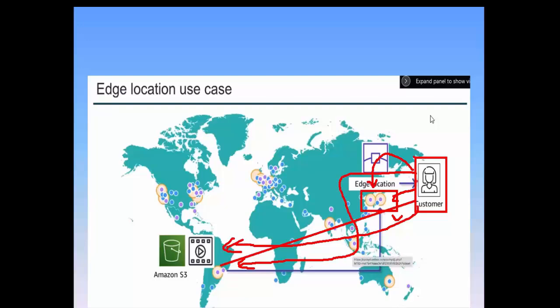Now one question normally comes: once the original data is there and its temporary copy is here, if the data gets updated, how does it get the update? That is controlled using TTL, time to live, which defines how long the data stays here before it gets updated.